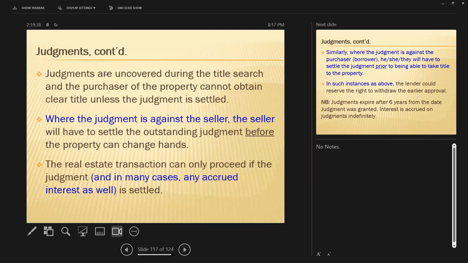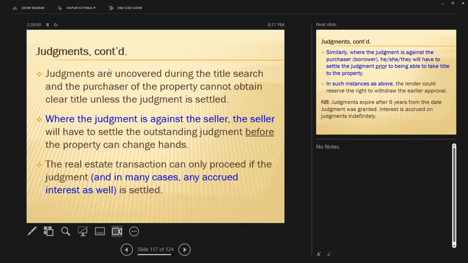Where the judgment is against the seller, the seller will have to settle the outstanding judgment before the property can change hands. The real estate transaction can only proceed if the judgment, and in many cases any accrued interest as well, is settled.